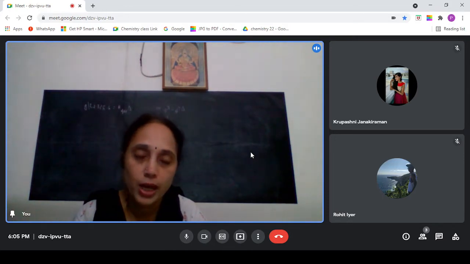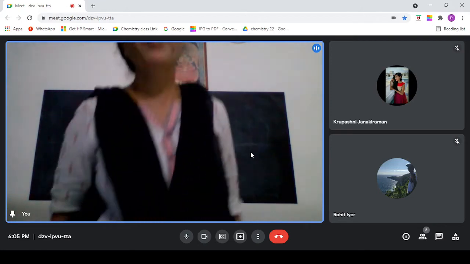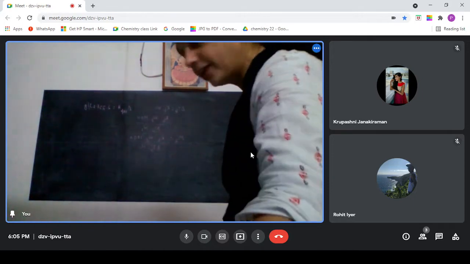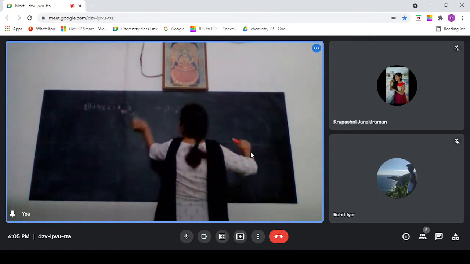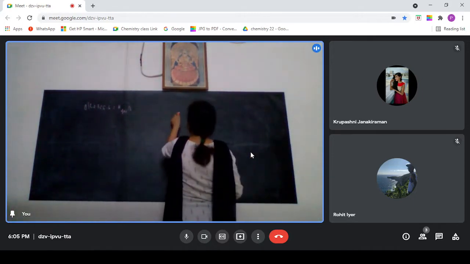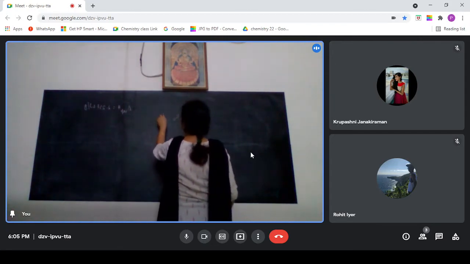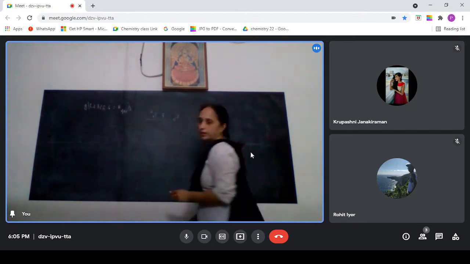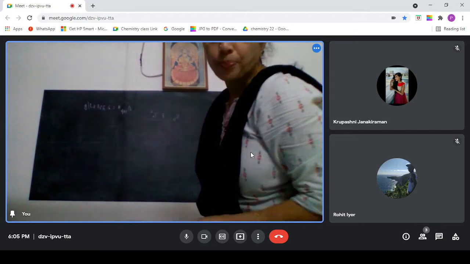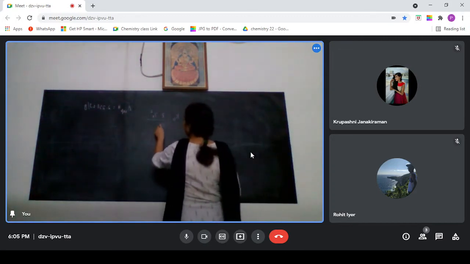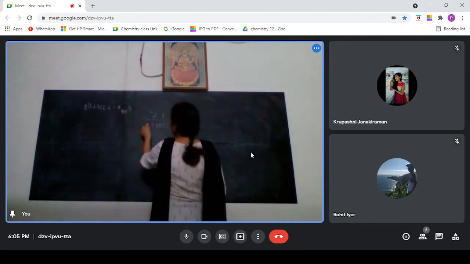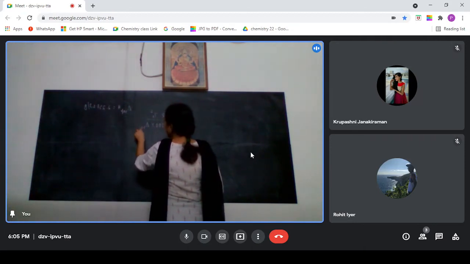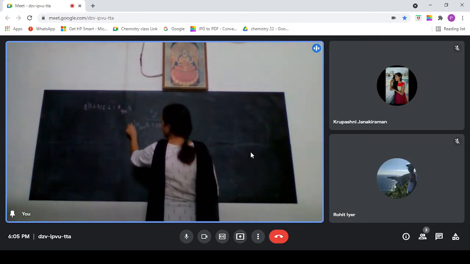Second part you will have to learn. I have given the formula in the notes also. What is Kb equal to? The Kb or Kf formula, I will just write it. Kb or Kf is equal to R T naught square by 1000 into delta vaporization H if it is per gram.